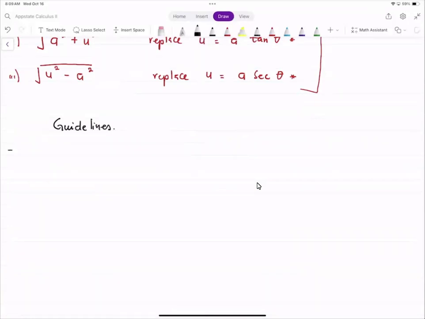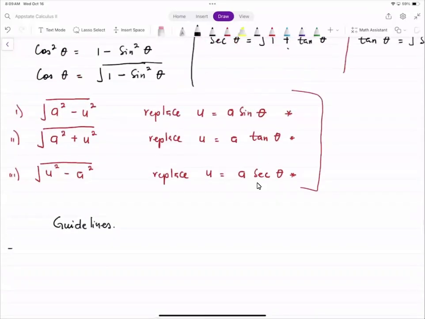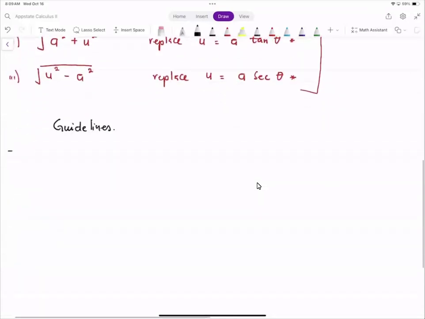For you to find the antiderivative of some radical expressions, first and foremost, you have to be able to know which trig function to substitute. Look at the radical expression you've been given: am I going to use sine theta, tan theta, or sec theta?